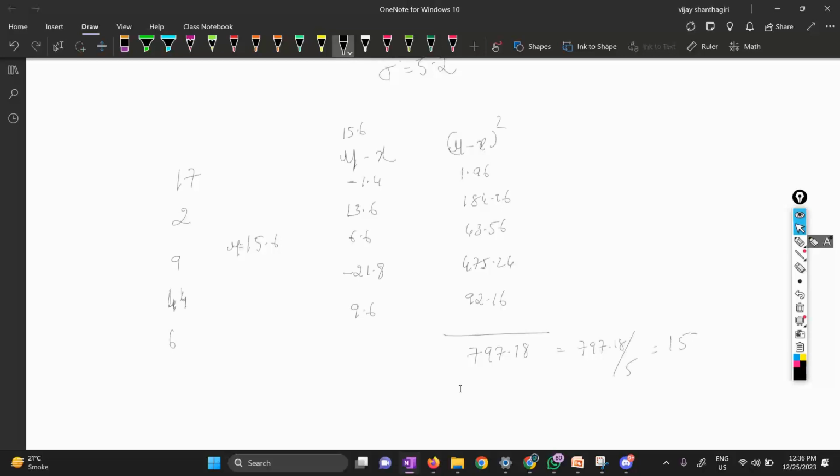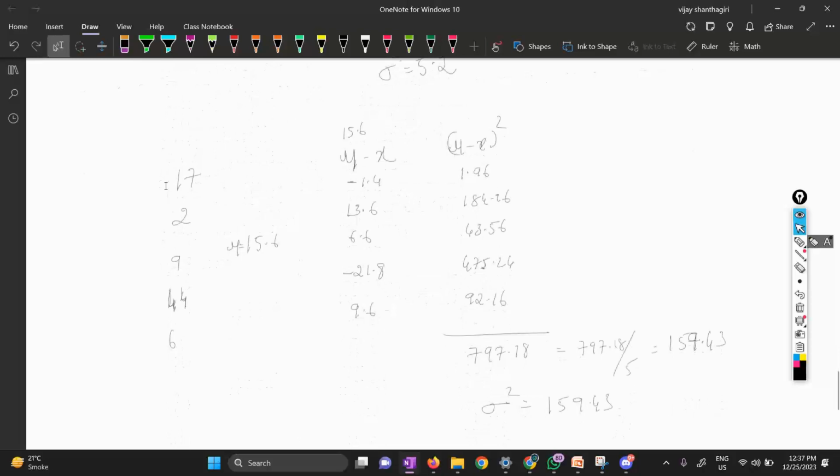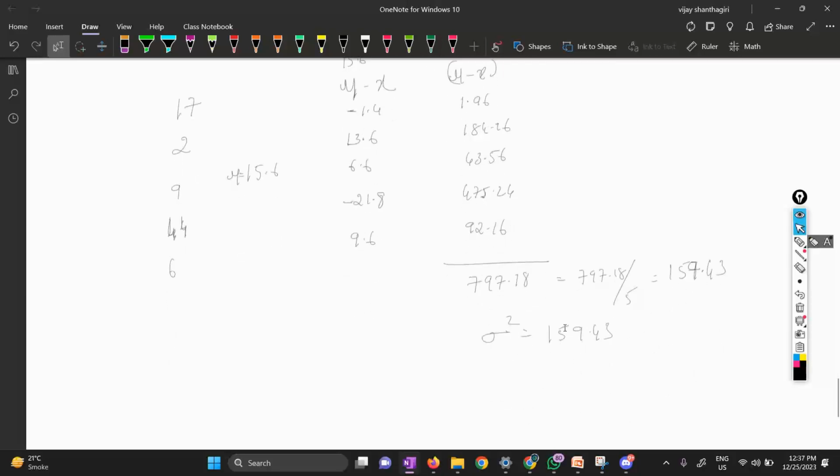So your variance is equal to 159.43. Simple numbers, not even as big as this, but because of the change in the distribution, you see this number became big. Correct?